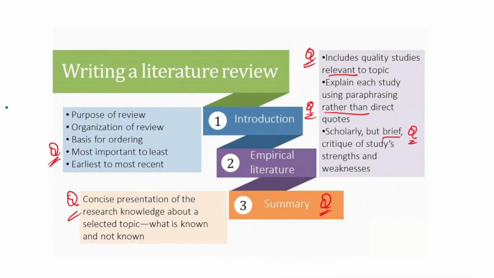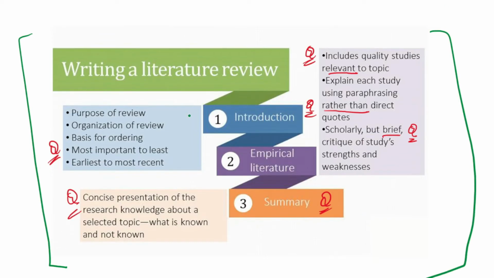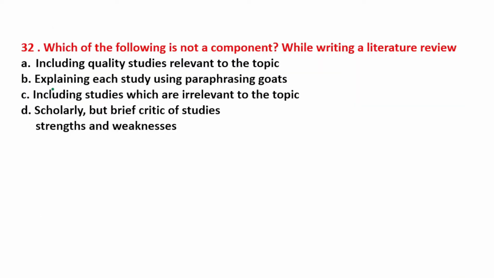Now see the information given in this chart pertaining to writing a literature review. All the students should be perfect with this chart, as I told previously also. Writing a literature review will consist of three parts. One is introduction, second is empirical literature, and third is the summary. Now you see the empirical literature part. In it, the first point itself is written like it should include the quality studies which are relevant to the topic. But from our options, they have mentioned the option like it should include the studies which are irrelevant to the topic.